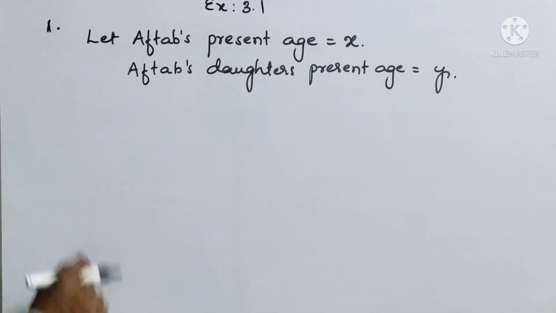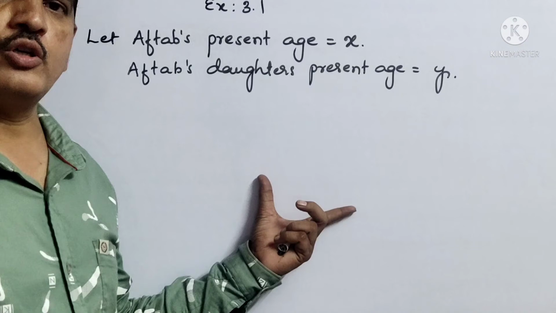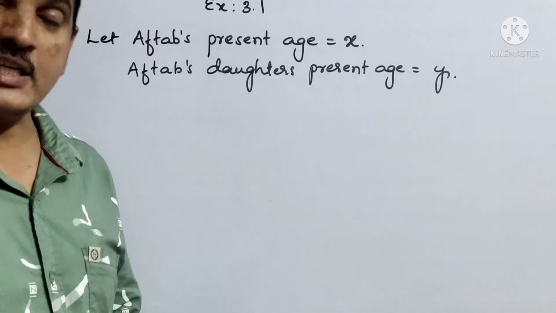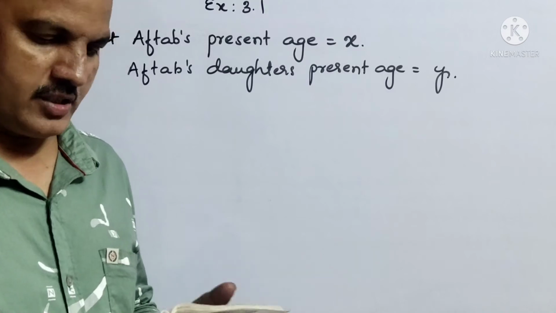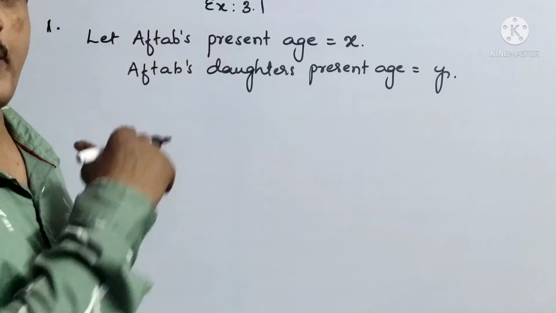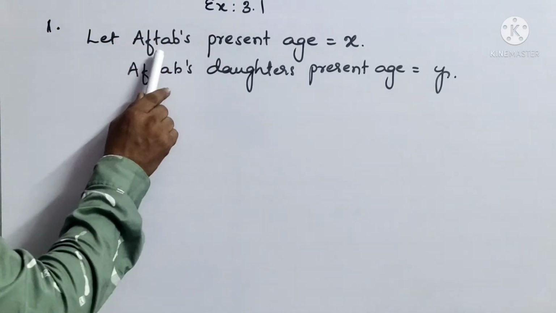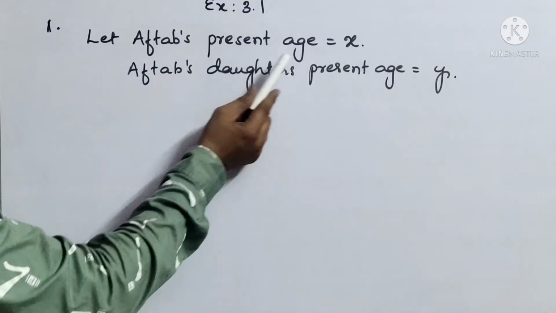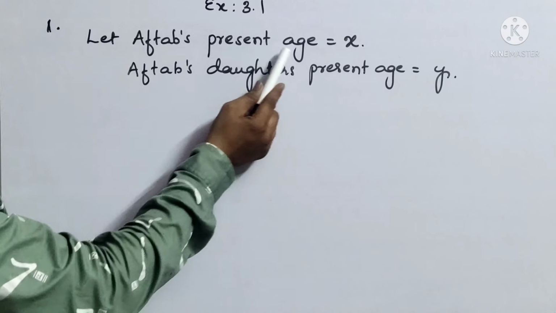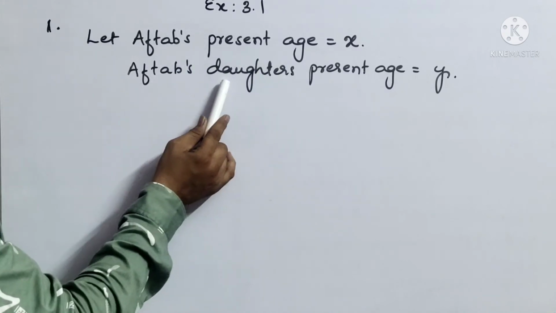Now coming to the question, I'll explain the sum here and show in the graph how to write it. 7 years ago means 7 years back. Whatever you do for Aftab's present age, you have to do the same for his daughter.